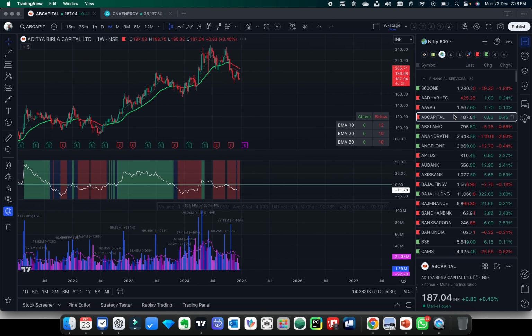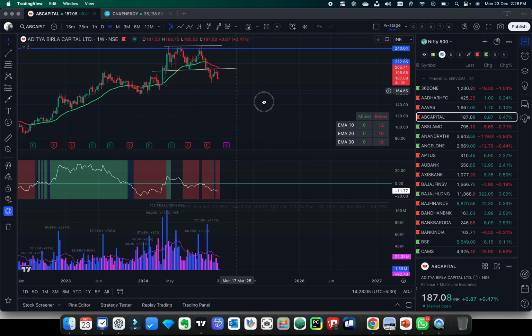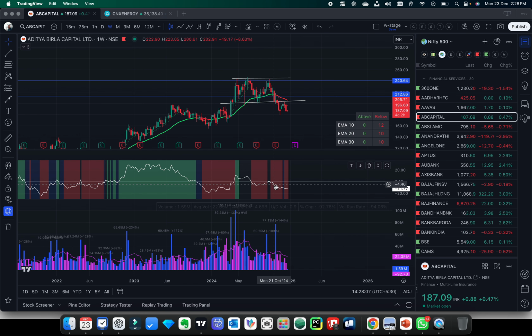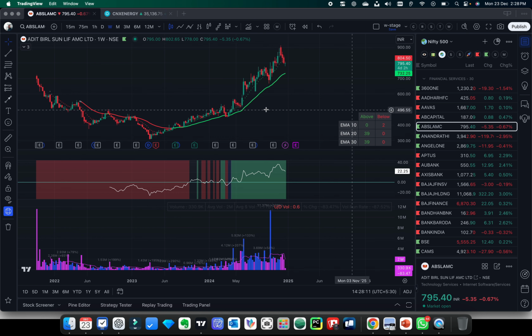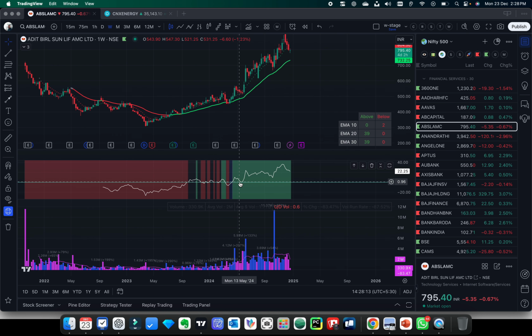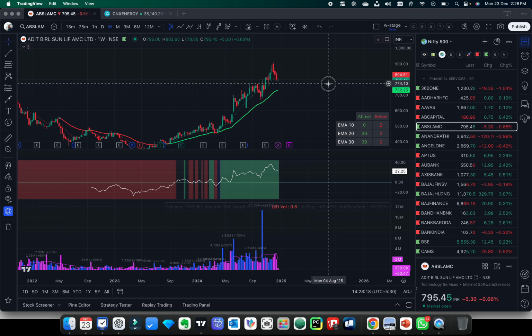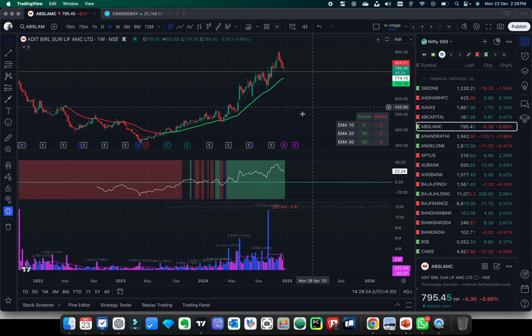AB Capital, downtrend, underperforming the overall market. Aditya Birla Sun Life, outperforming the market above the moving average, and there is kind of support here, so it is taking support. So it's clearly in stage 2.